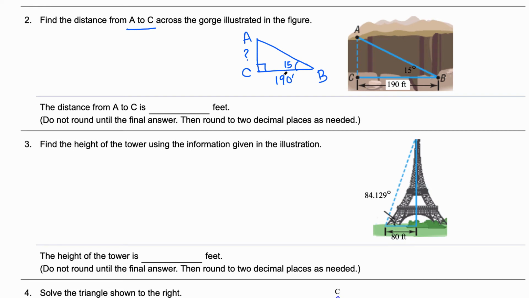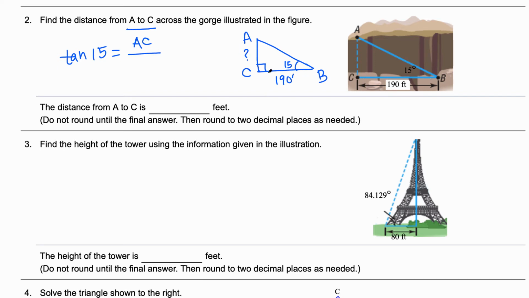Now we need to write down the ratio, like sine, cosine, or tangent, based on the unknown and known. Opposite over adjacent is tangent, so we can use tangent. Tangent of 15 is opposite over adjacent. Opposite is AC. We can write side AC, or lowercase b is also fine.